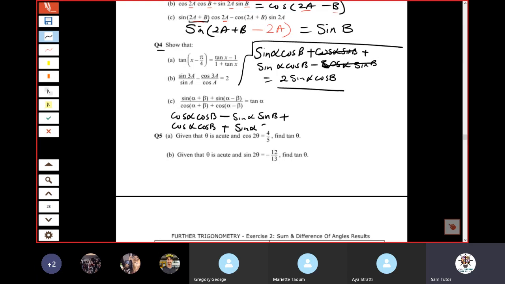Sine alpha, sine beta. Again, these two cross out. I'm left with two of these, cos alpha cos beta plus cos alpha cos beta, is 2 cos alpha cos beta.